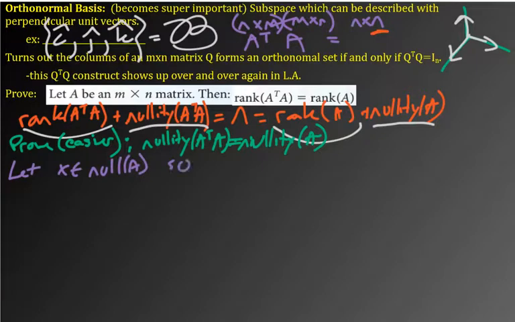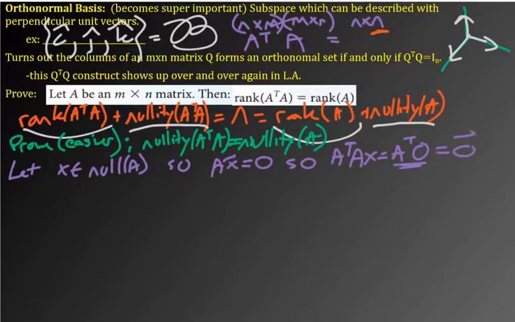So by definition, Ax equals 0. And then from there, we could multiply both sides by A transpose. I'm just sticking an A transpose on the left here and here. And this part still goes to 0.